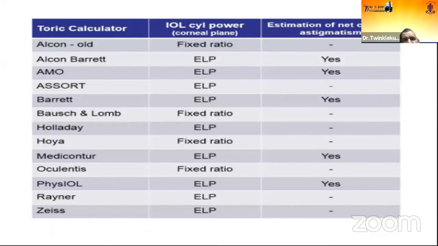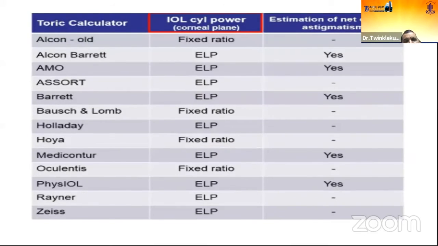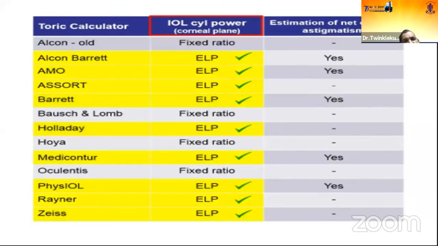Now the toric calculator has two parts of the upgradation. One is those machines which are considering the effective lens position ratio, ELP variability, along with their toric calculations. Why this is important is because suppose you are operating on a patient on the Hoya or Bausch and Lomb platform and you are using those calculators which have a fixed ratio, and the patient has a very high myopia or very high hyperopia, there are chances of error still.